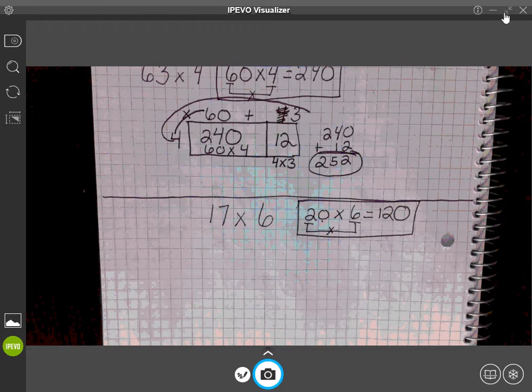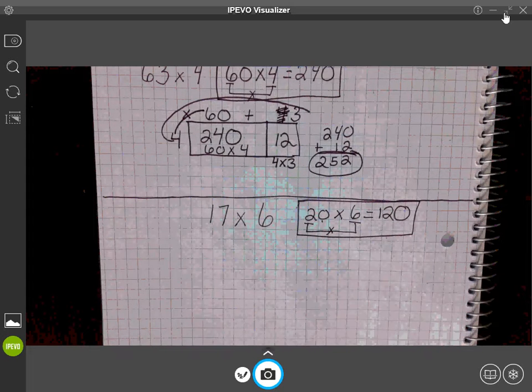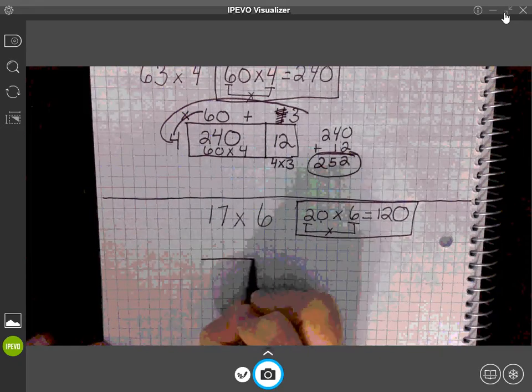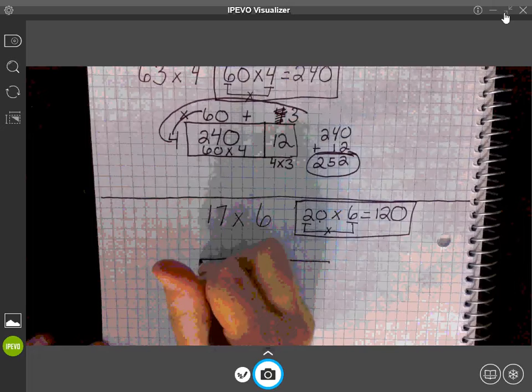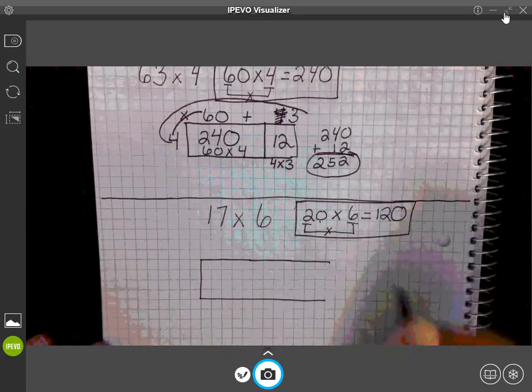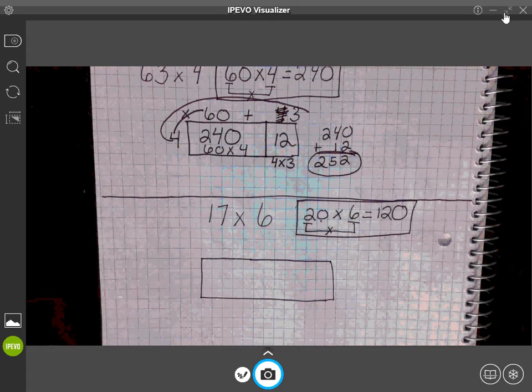All right, so now let's work on getting our actual answer using the area model or the box method. It's the same thing, just different names, okay? All right, so draw your box. Now, we need to write 17 in expanded form across the top.